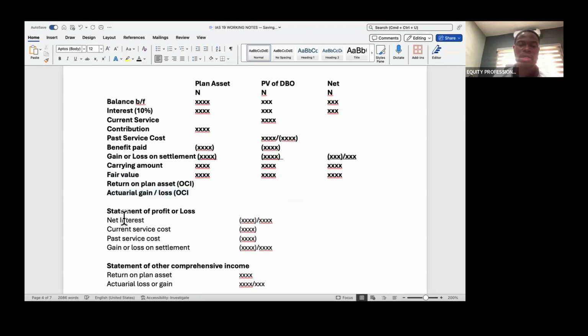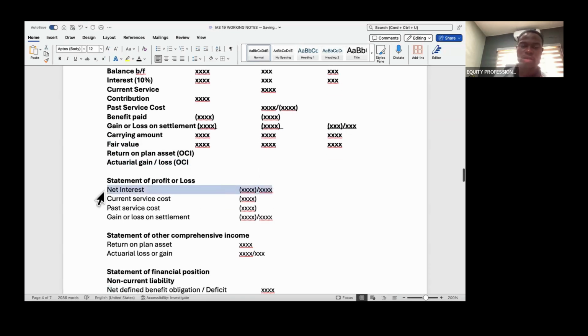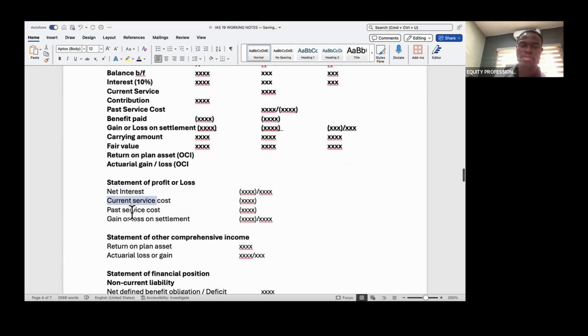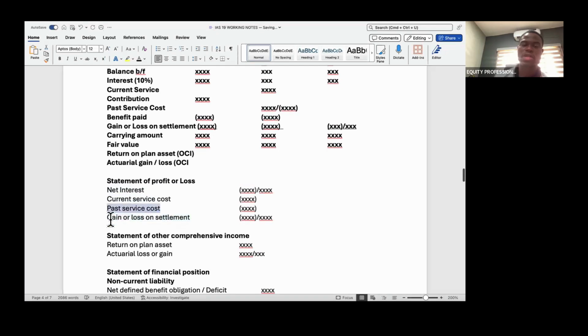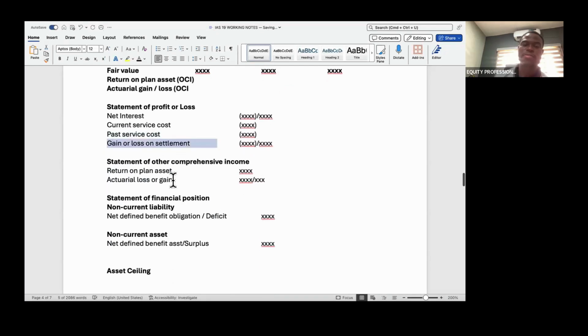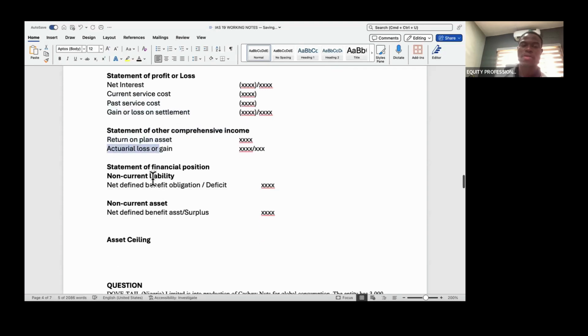In your P&L, what goes there are your net interest, current service costs, past service costs, and gain or loss on settlements. In OCI, return on plan assets and actuarial gains or losses.